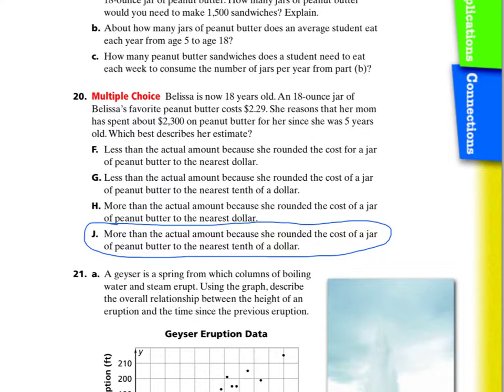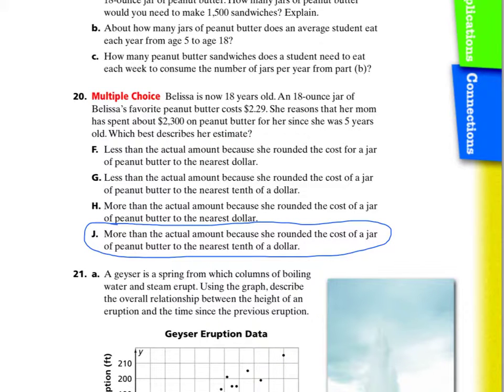Okay, number 20, the last one, multiple choice. Belissa is now 18 years old. An 18-ounce jar of Belissa's favorite peanut butter costs $2.29. She reasons that her mom has spent about $2,300 on peanut butter for her since she was 5 years old. Which best describes her estimate?